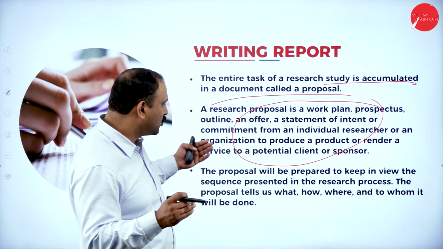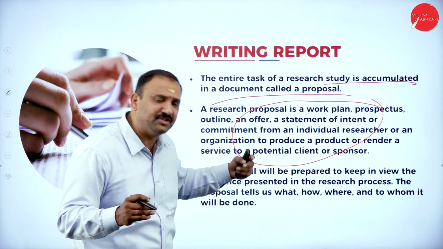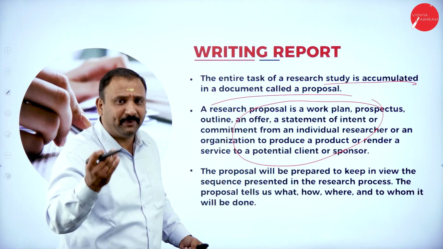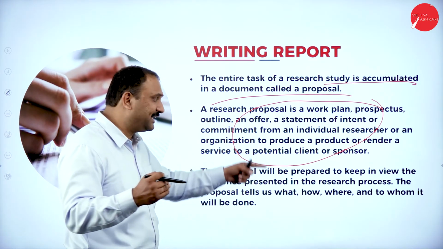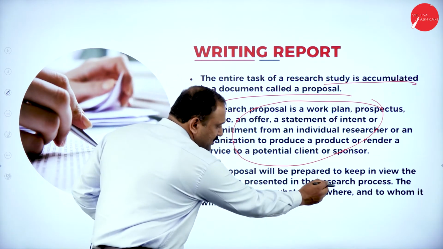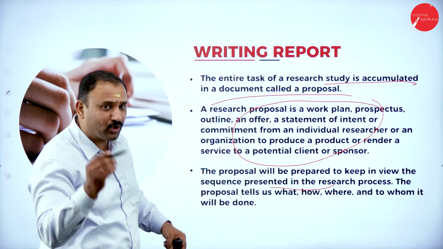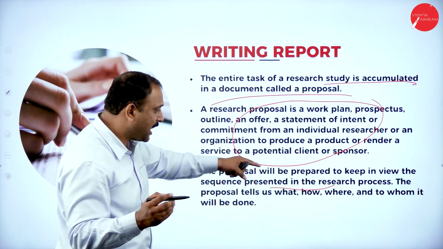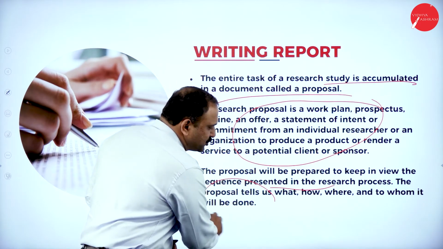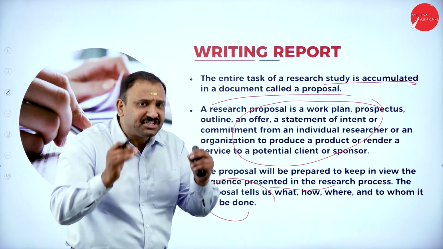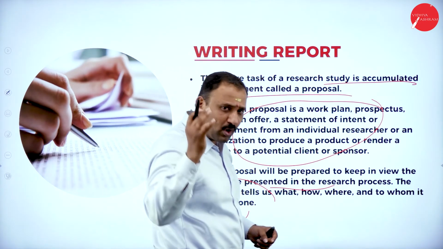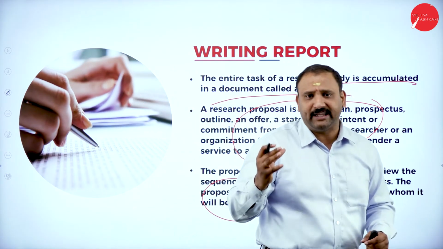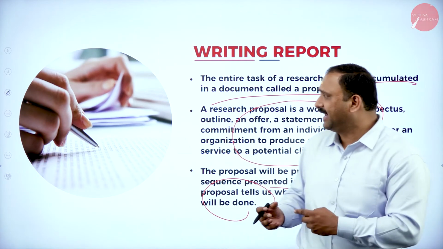And he is also going to provide a potential service to his client or a sponsor by bringing his qualitative research. The proposal will be prepared by keeping in view the sequence presented in the research process, because it's going to tell what, how, where, and whom it will be done. So it's going to give a complete step-by-step analysis of how it is being done, using what methodology, what techniques, and for whom it is going to be addressed.